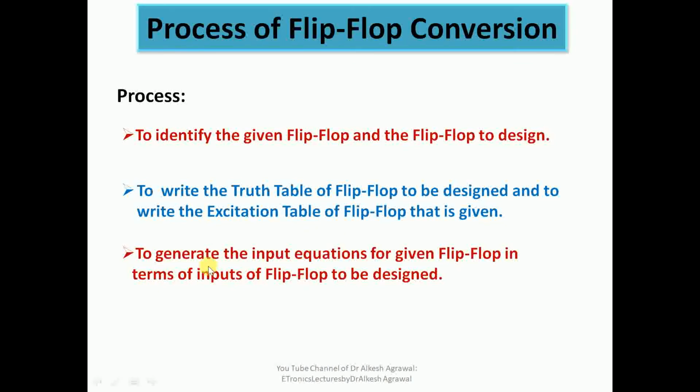And the third step is to generate the input equations for the given flip-flop in terms of the inputs of the flip-flop that is to be designed. So these are three important steps by which we can very easily convert one kind of flip-flop into another. Let us take some typical examples and implement these steps.